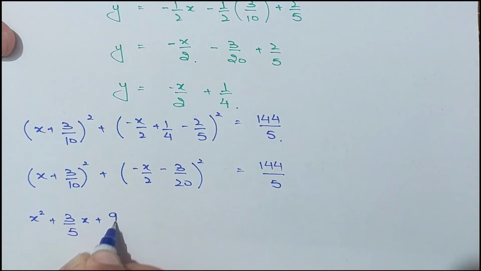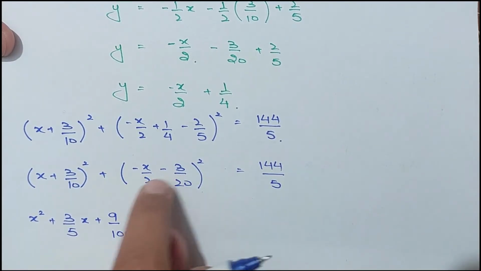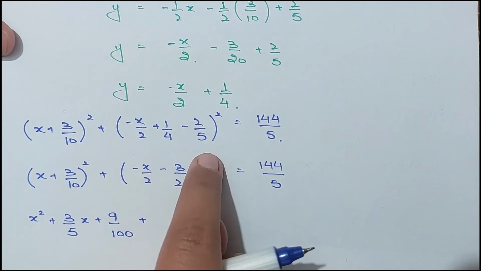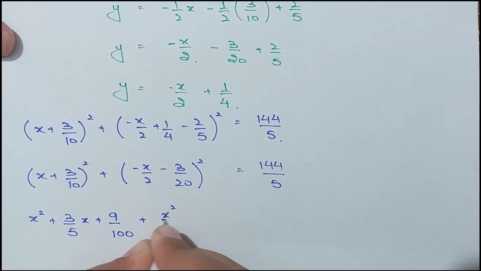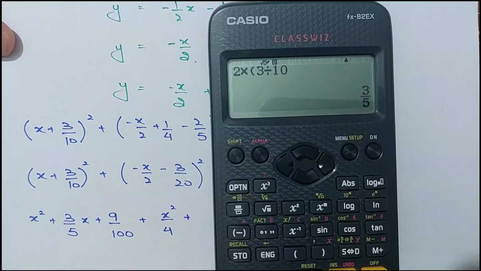3 square is 9 and 10 square is 100, plus, when you take the negative sign common and take its square, it is just positive 1. First term square is x square over 4 plus 2ab. Okay, 2 into the first term, 1 by 2, into the second term, 3 over 20.